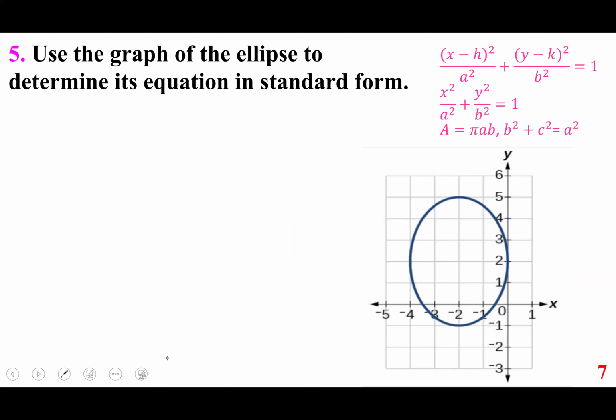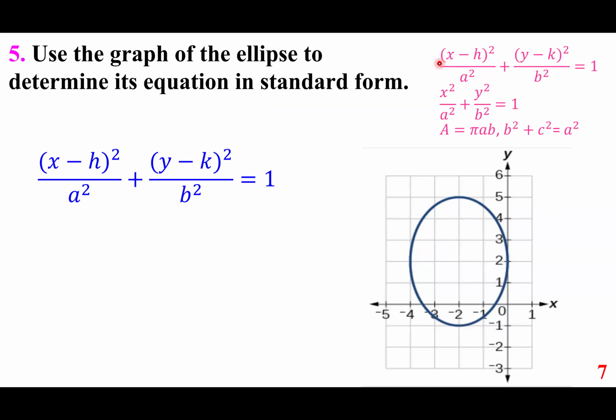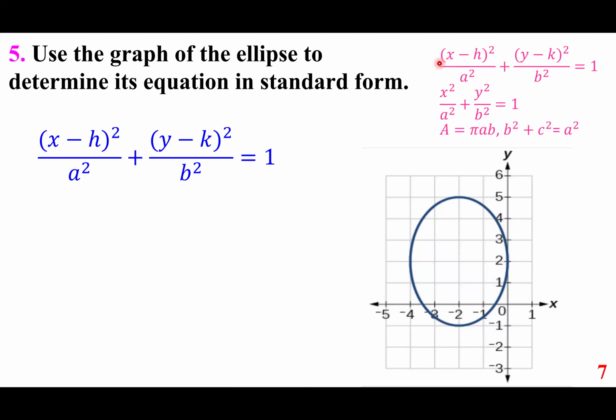We're going to move on. Use the graph of the ellipse to determine its equation in standard form. Obviously, we are going to use that formula, and we are going to locate everything. The center: it's elongated parallel to the y-axis.